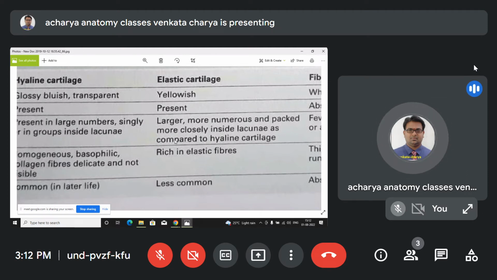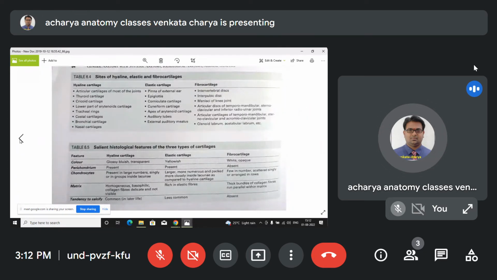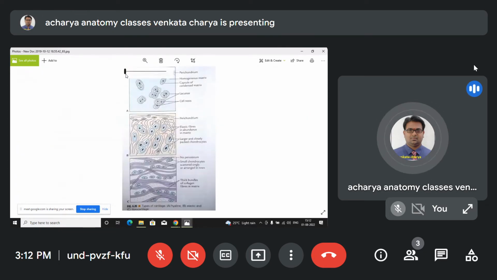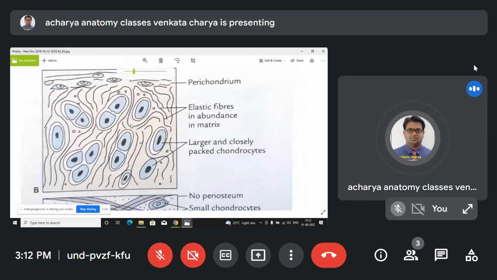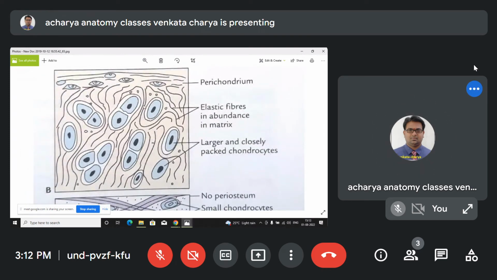A chondrocytic cell nest is also present. And here there is the presence of elastic fibers. See here, elastic fibers, then large cells, packed chondrocytes and cell nests also present.